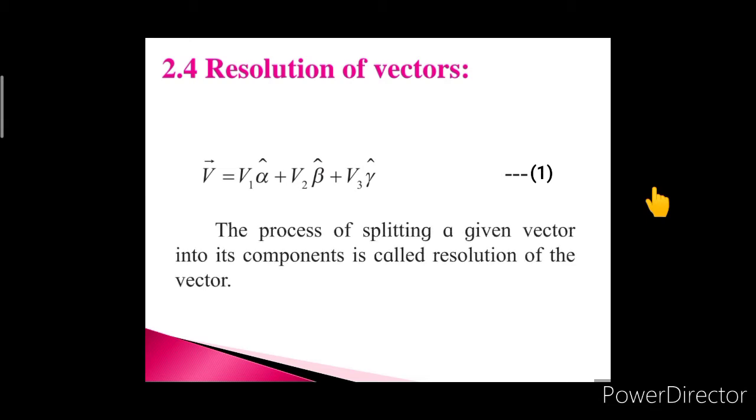The components can be found along directions at any required angles. But if these components are found along directions which are mutually perpendicular, they are called rectangular components.